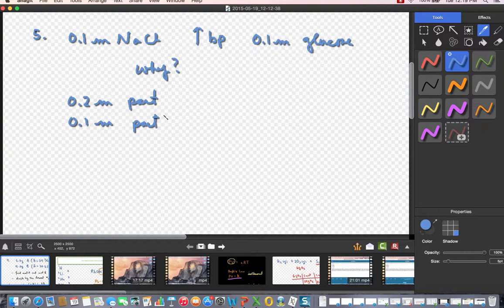B, glucose is larger molecular weight. It has absolutely nothing to do with it. Eliminate B. Glucose is a hydrogen bonder, whereas NaCl is not. It doesn't depend on IMF. Eliminate C. D, NaCl is a hydrogen bonder, whereas glucose is not. That's a false statement. We're going to call statements like this SBS, because it is scientific bullshit.